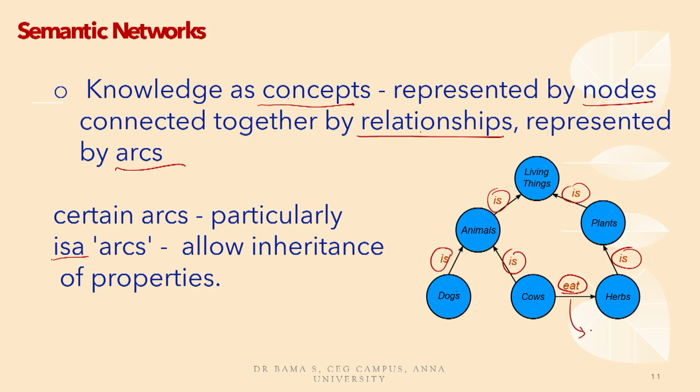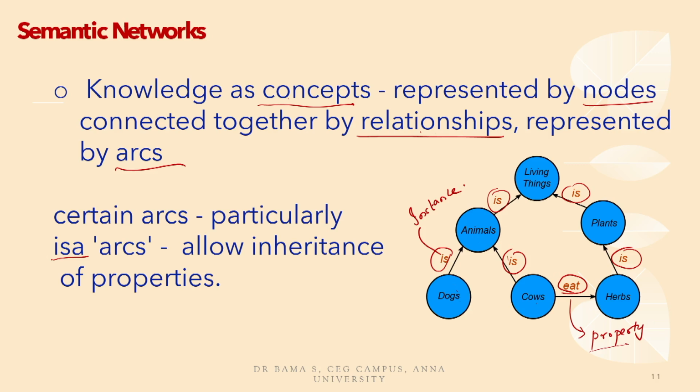This is a property. This is an instance. Now, with this type of representation with nodes as the concepts and edges as instance or property, we can represent the semantic network.